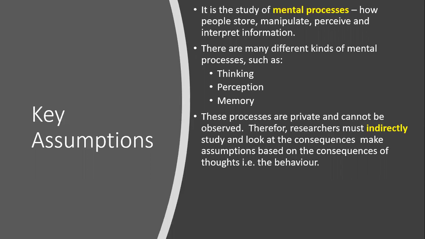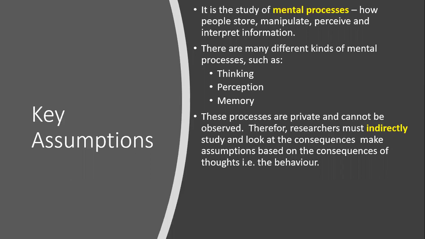So that means when we do research in this area, we must study them indirectly and look at the consequences of these studies and actually make assumptions based on them. So these assumptions will then allow us to understand why a person is behaving that way.